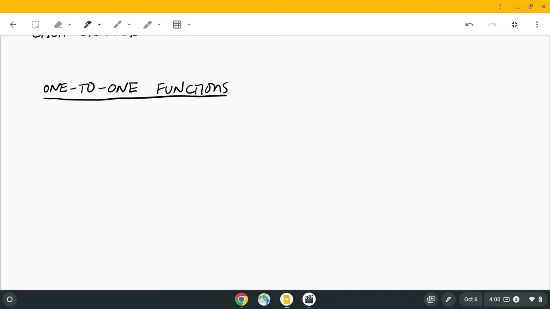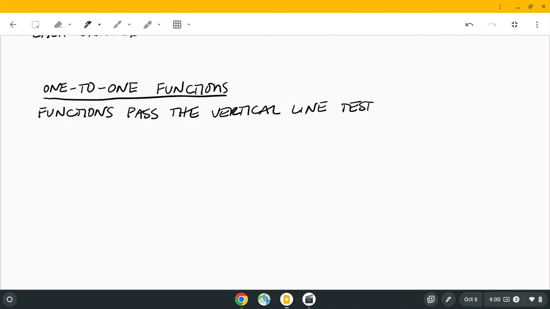So functions pass the vertical line test. First it needs to be a function, so it needs to pass the vertical line test. And then in order for it to be a one-to-one function, it needs to pass the horizontal line test. So a one-to-one function has to pass both the vertical line test and the horizontal line test.